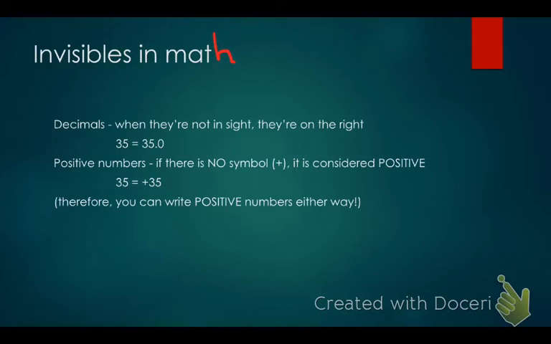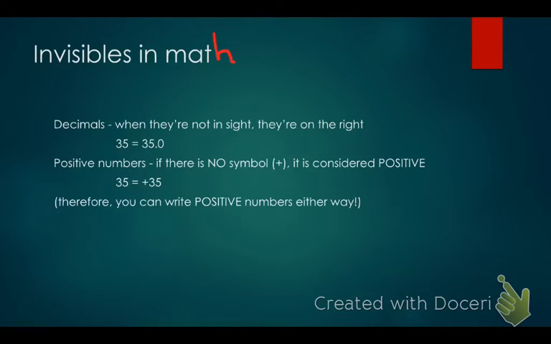Positive numbers also have an invisible sign. If there's no symbol, like a plus sign, then it's considered positive. Therefore, you can write 35 is equal to positive 35. It doesn't work that way for negatives. For a negative, you have to have the sign, the symbol.